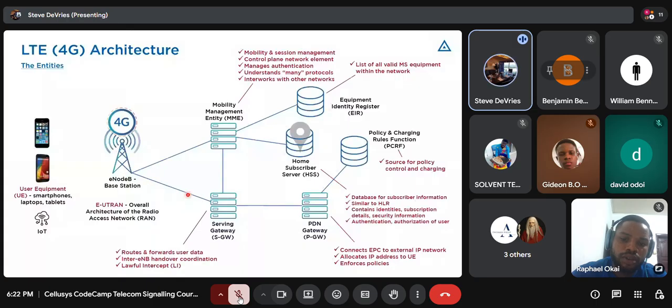You might have a data stream going here, and you're communicating with www.cellusisacademy.com, so you're out on the internet. You might have at the same time a data stream because you're talking voice over IP. So you can have different data streams open at the same time. The idea of policies is that you can treat different data streams differently.